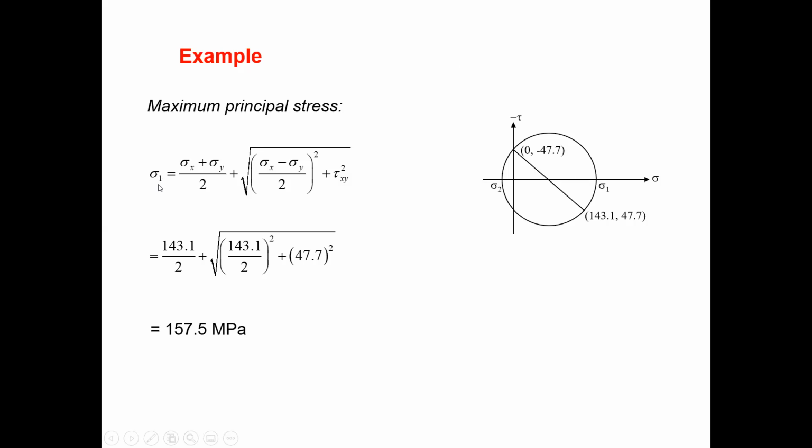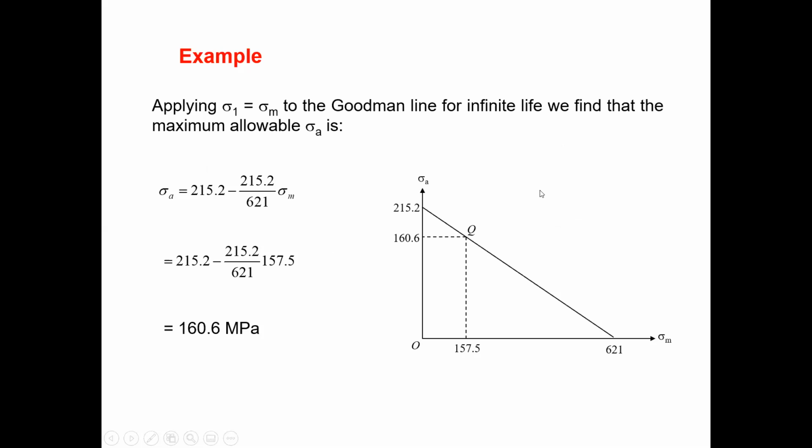More than this stress, there are no stresses beyond this value. So this is the stress that the 223 Newton value reaches as a maximum. We need to find the maximum values for the calculation. So here you can see sigma 1 equals sigma m. Sigma 1 means the maximum principal stress. So the maximum principal stress is equal to the maximum mean stress, isn't it?